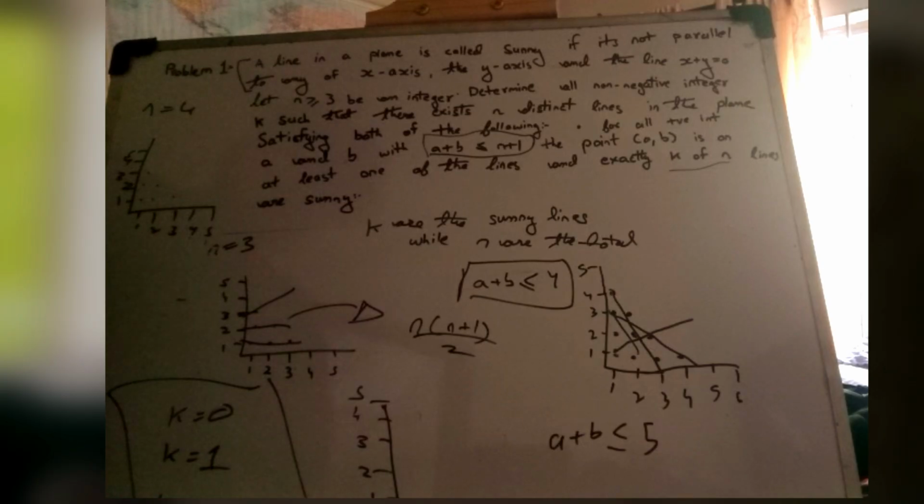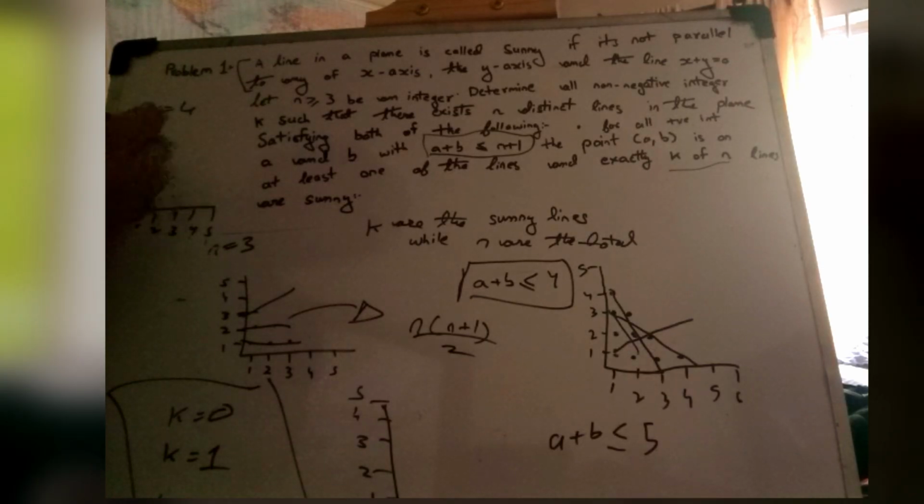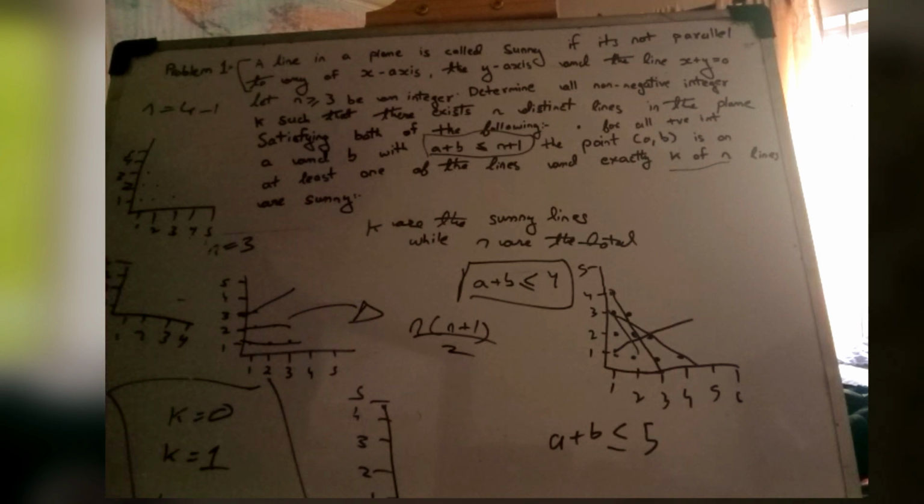Now, if we consider this and subtract 1 from n, one line actually disappears. Look: 4 minus 1 is 3, so we get 1, 2, 3, 4 and then this smaller triangle.